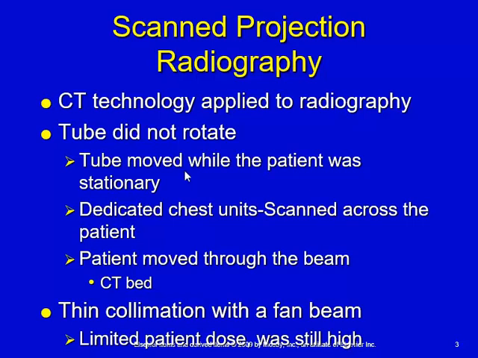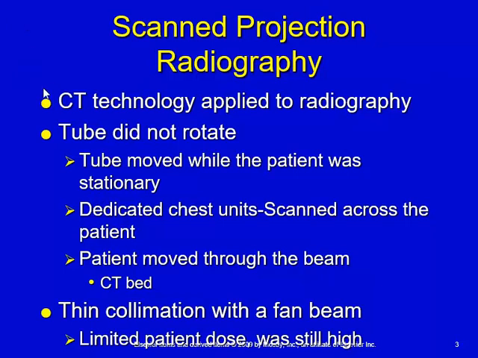So the tube moved while the patient was stationary, and it utilized a fan-shaped beam that would scan a portion of the patient's body at a time. And they moved that over to radiography and dedicated chest units. How they worked in a dedicated chest unit is, let's say the screen represents the image receptor.